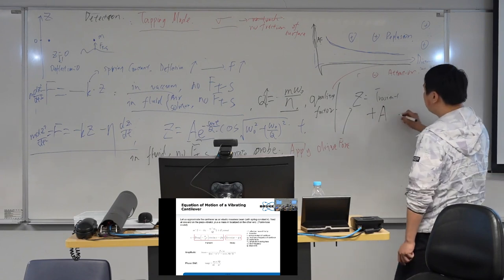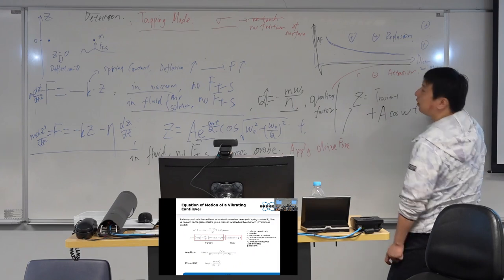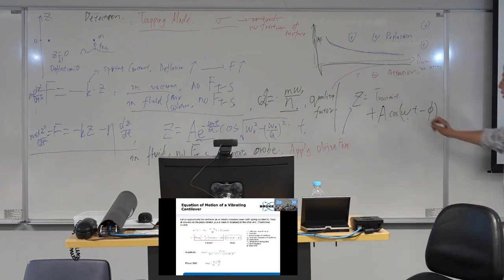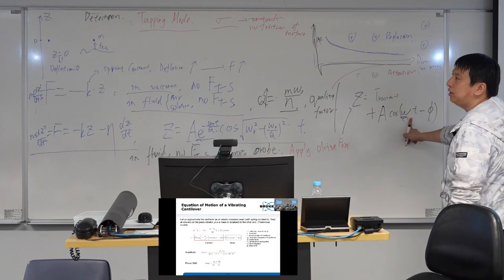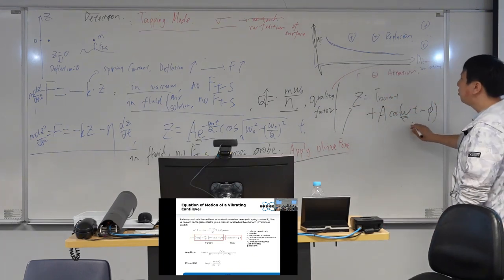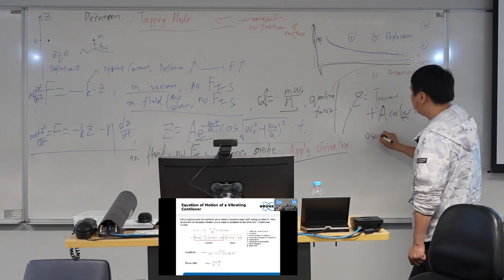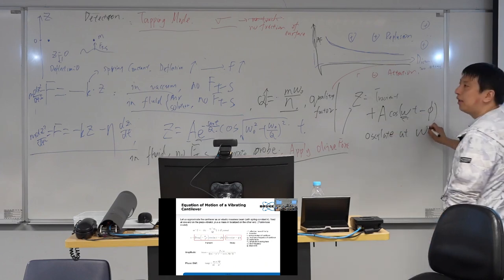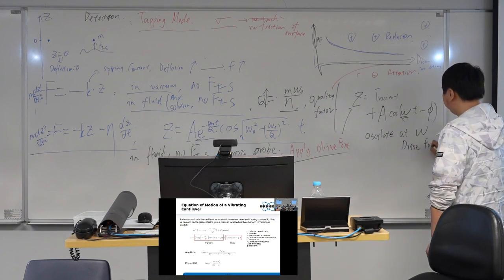The steady solution is A cosine omega t plus a phase. So this omega is from the driving force. We tell the probe to oscillate at omega, and we call omega the drive frequency.